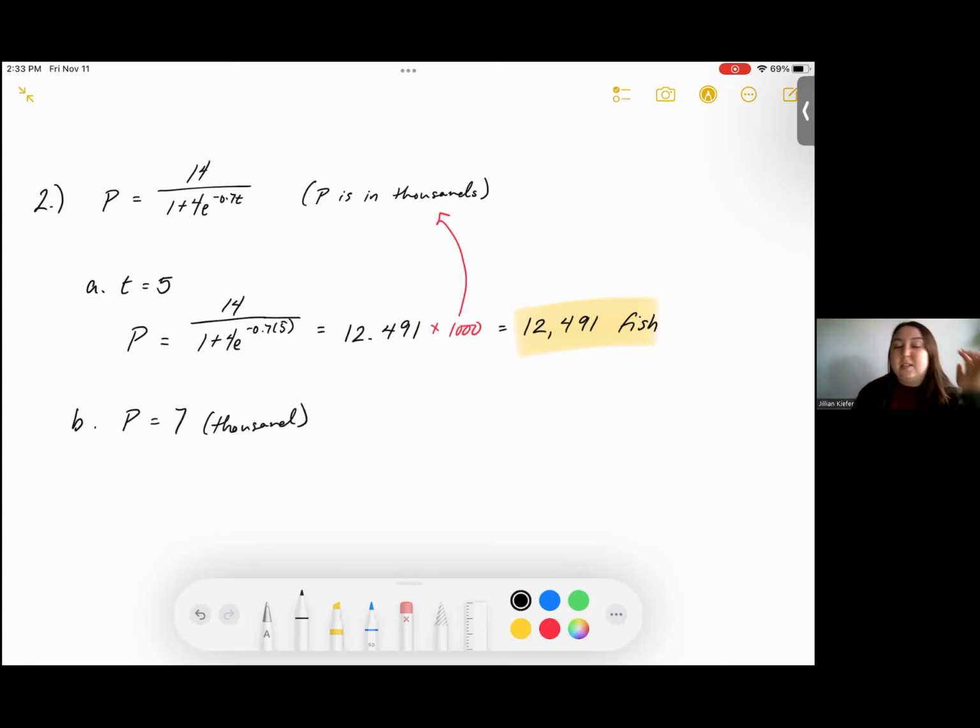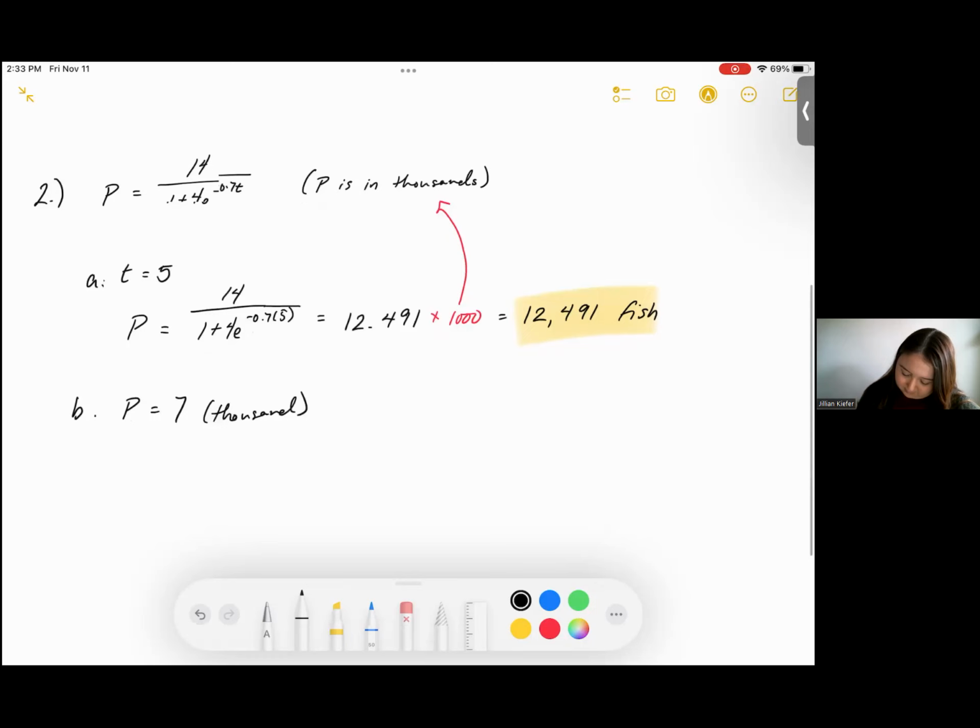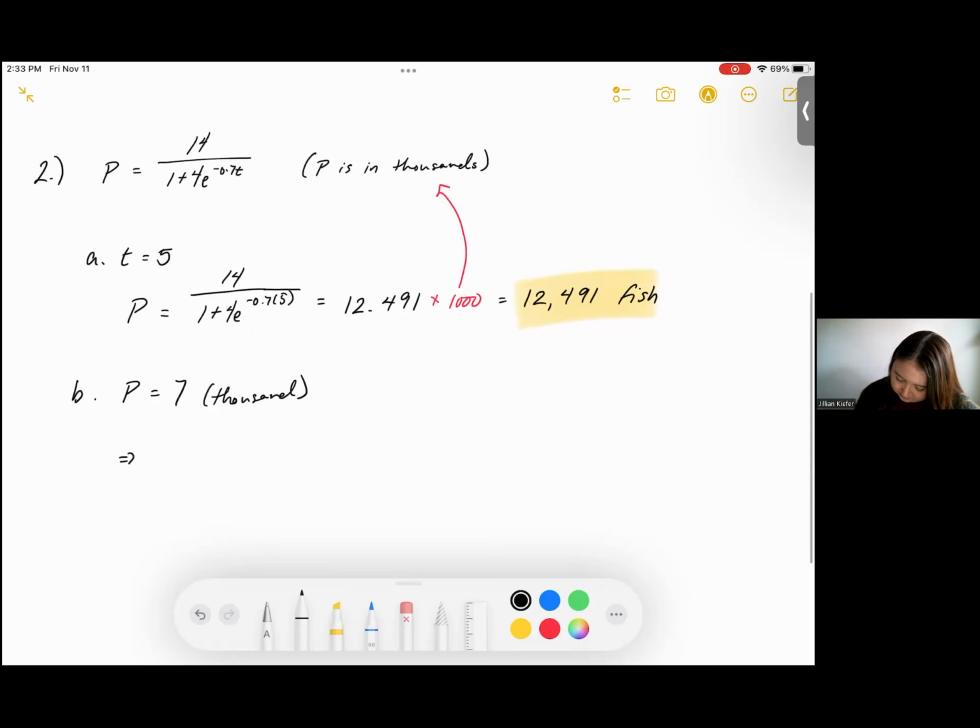So when we write out our equation, we're going to write 7 instead of our population P. So we'll have 7 is equal to 14 divided by 1 plus 4e to the power of negative 0.7t.